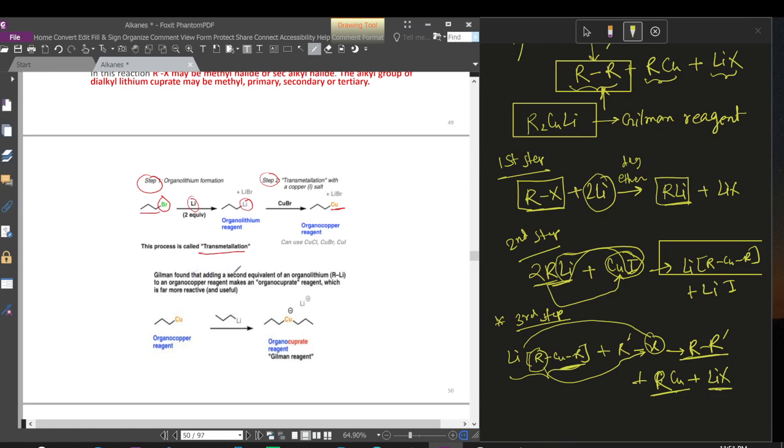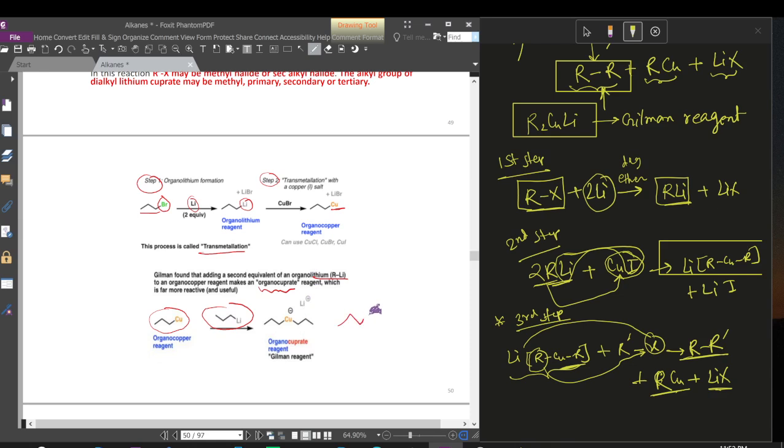Gilman found that adding a second equivalent of an organolithium, RLi, to an organocopper reagent makes an organocuprate reagent, which is far more reactive and useful. So here we produced the organocopper reagent before, but if we add the organolithium to this organocopper reagent, the reactivity is increased, and it is also useful for us.